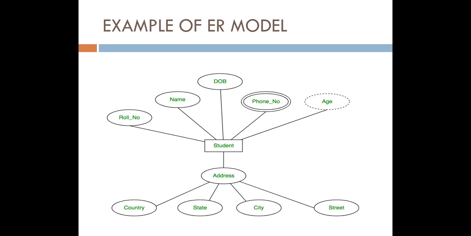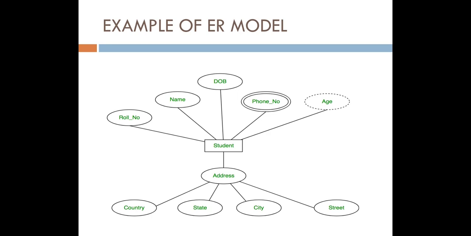Phone number is one multi-valued attribute because one student can have multiple phone numbers, so it is represented by the double oval shape. Here address is one composite attribute because it is further divided into country, state, city, street like this.